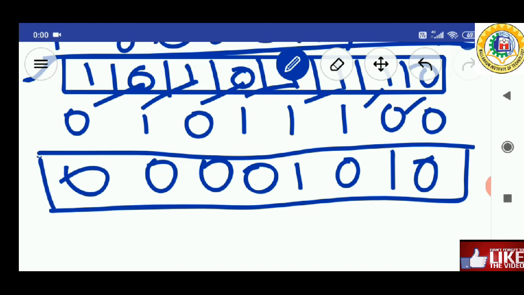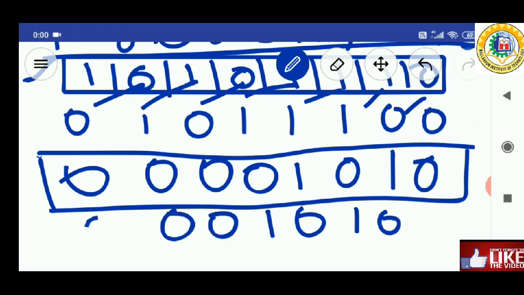Now we want to shift it left. So 0 1 0 1 0 0 0, and the last bit, whatever this bit is, is actually dropped.